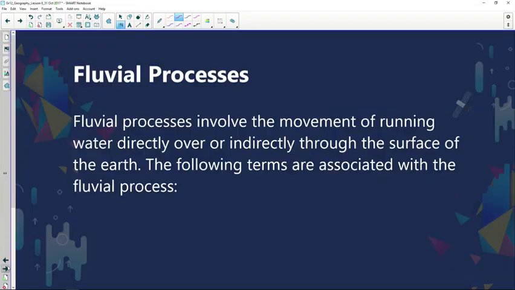The definition is the movement of running water directly or indirectly through the surface. So what basically happens is when the water is on top of the surface, for instance a river, or when the water infiltrates below the surface and eventually collects on the water tables and eventually flows back into the oceans. But that we will discuss in detail in our next couple of slides.